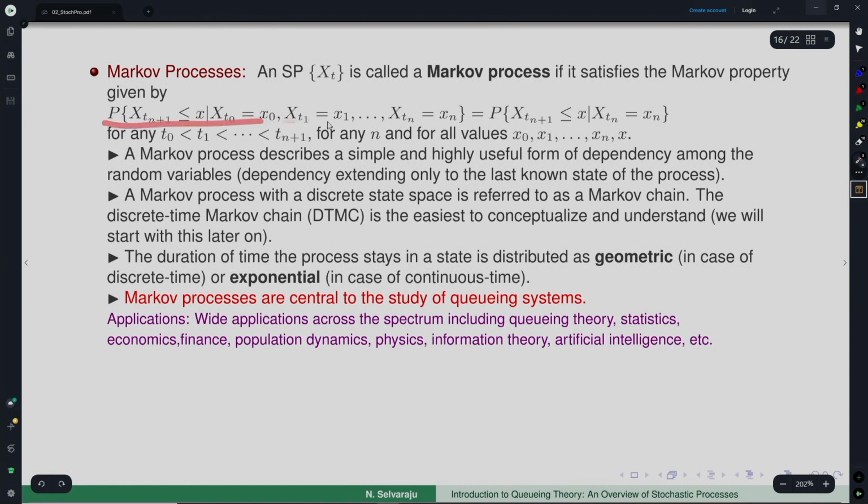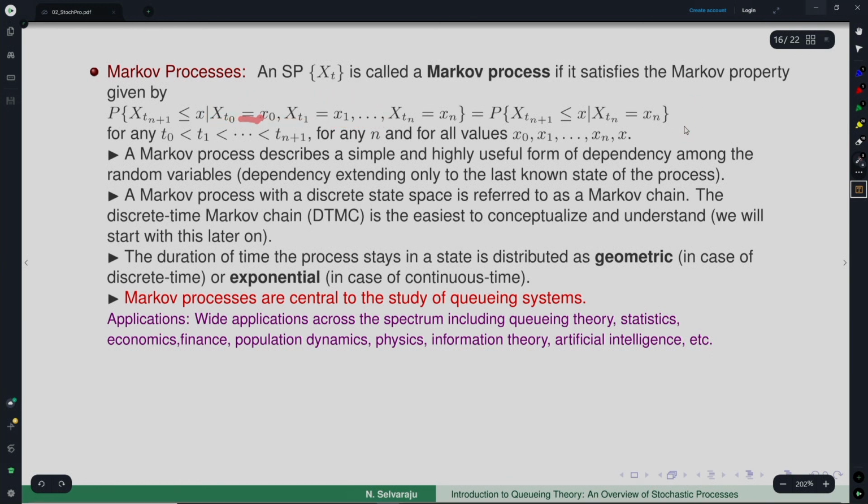If this conditional probability equals the same event conditioned only on the last known position, that is x tn equal to xn, which means all these prior things do not make any impact in computing this conditional probability, right. So this is the Markov property.